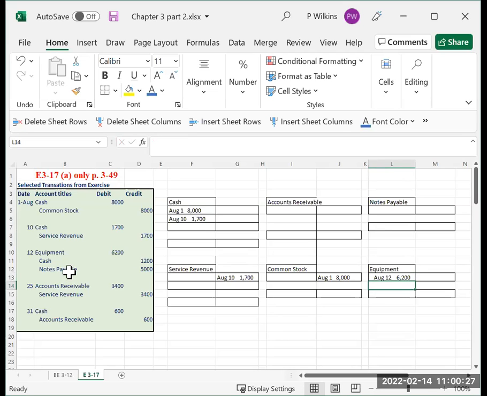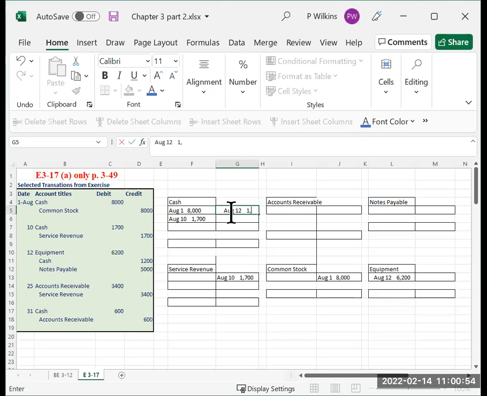Okay. This is one that has two credits. So we're going to credit cash and we're going to credit notes payable. So this would be where we bought a piece of equipment for $6,200. We put $1,200 cash down, and then we got a note to pay, a loan to pay off the other $5,000. So we're going to credit cash $1,200. This is going to be August 12th.